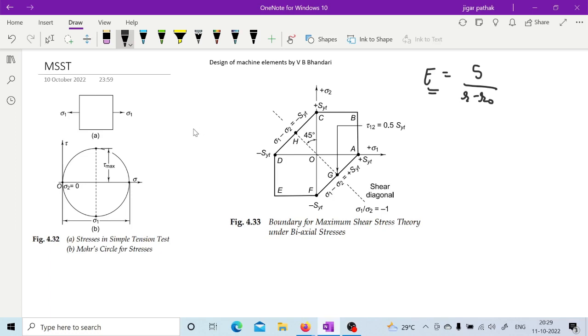Okay, sir. So for the previous figure, the sigma 2 is the stress in y direction, isn't it? Yeah.